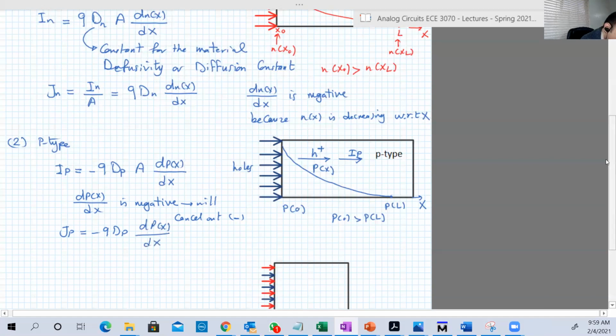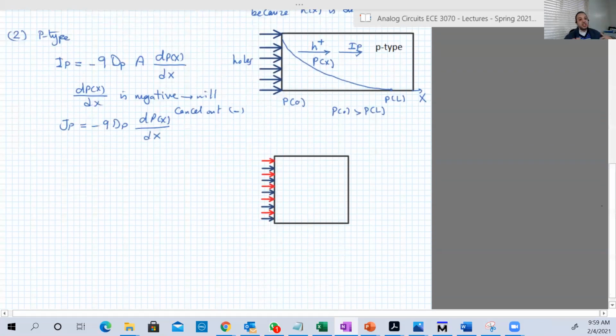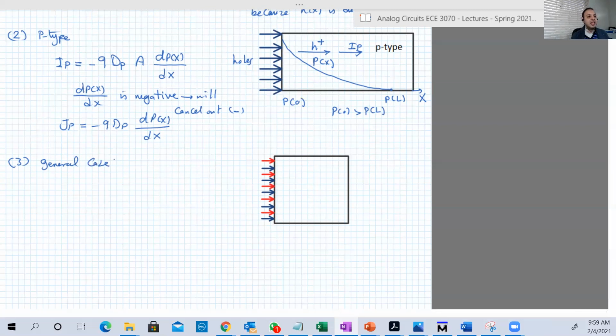Now the general case, number 3. Like what we have taken with the drift current, the overall diffusion current is the summation of the In from the carriers, negative electrons, and Ib from positive holes. So we have the same stuff here as well.